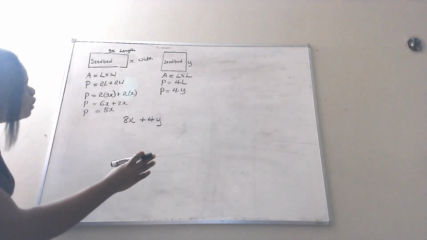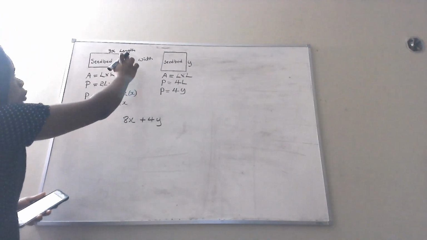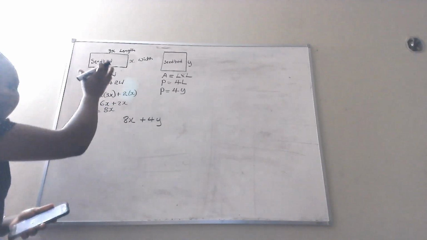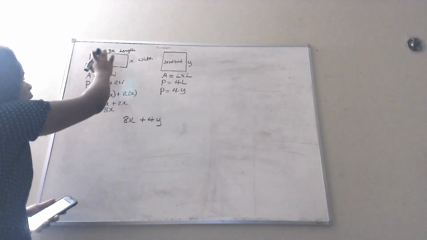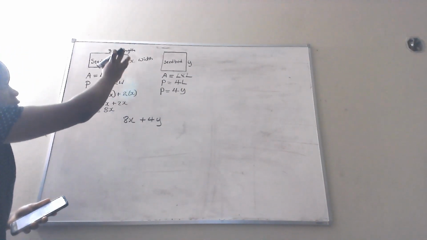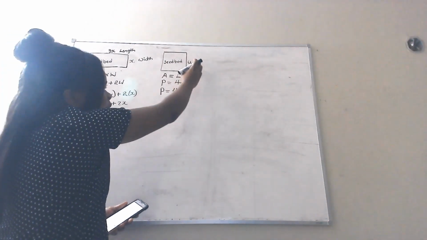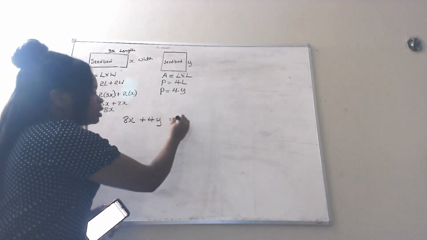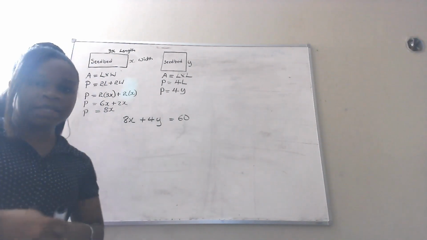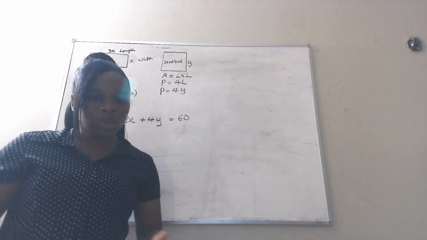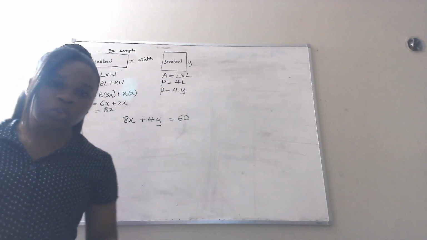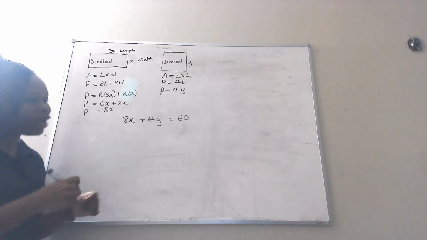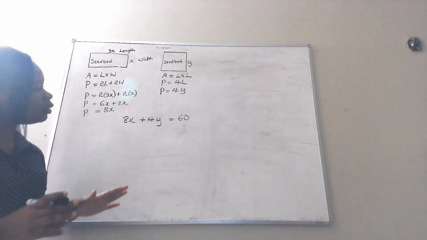So the 60 meters would have been used around the perimeter of the rectangle and also that of the square. So all of this would equal 60, because that is the total mesh that was used.